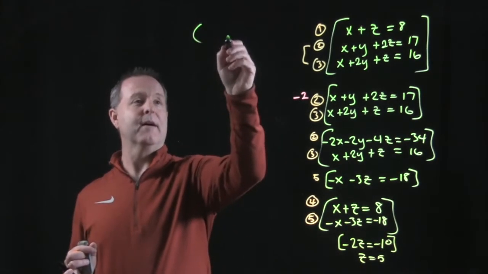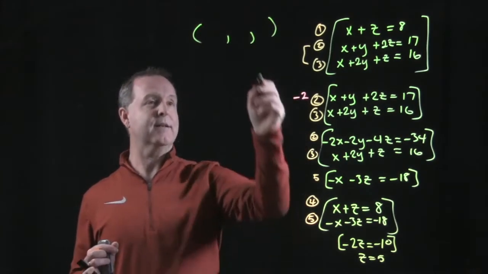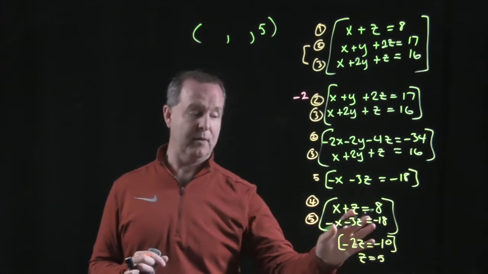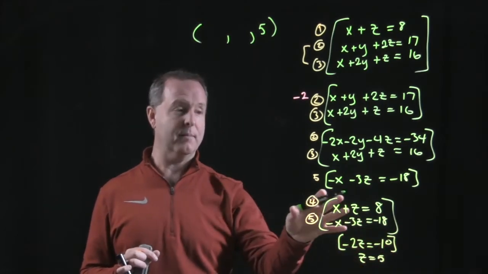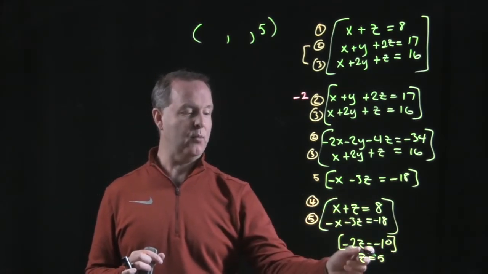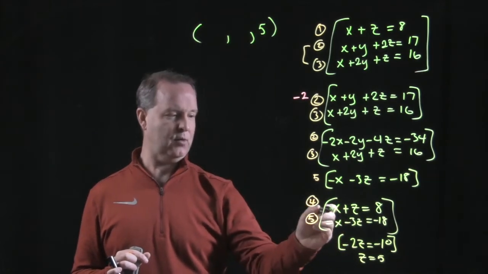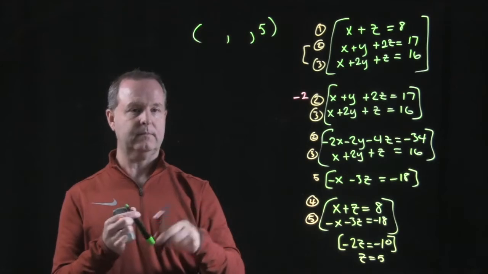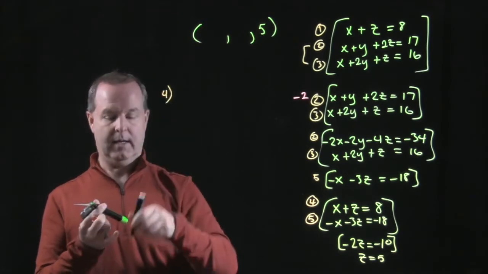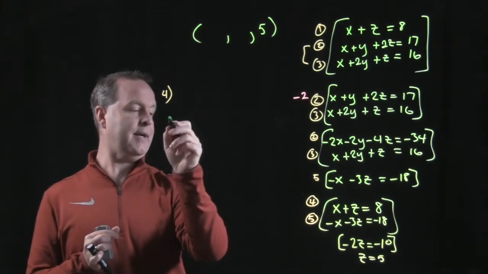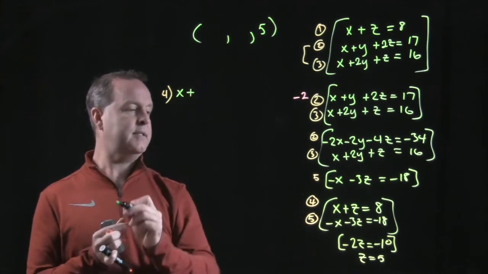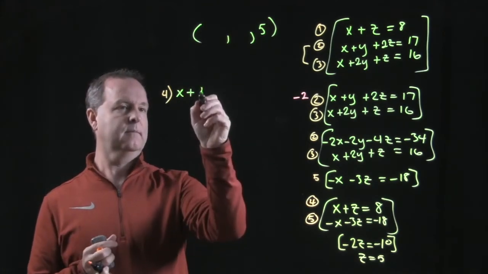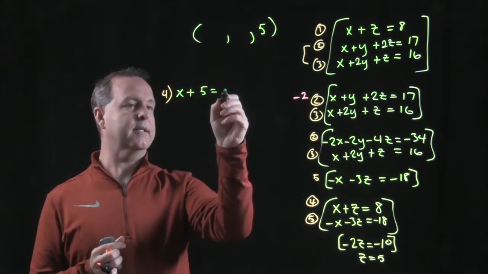So if I looked at my solution set, z is a 5. From there, we take that solution from our 1 by 1, pop it into one of my 2 by 2s, and find out what x equals. I like equation number 4, really easy. So equation 4 is x plus z, which is 5, equals 8.